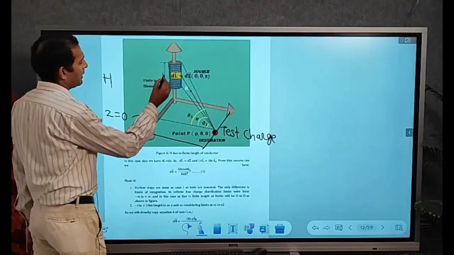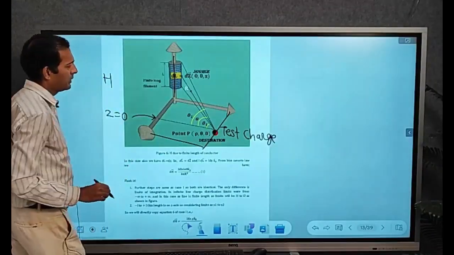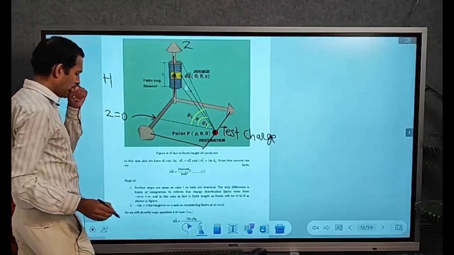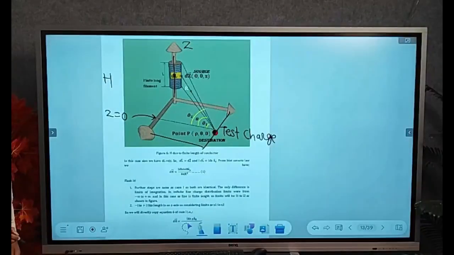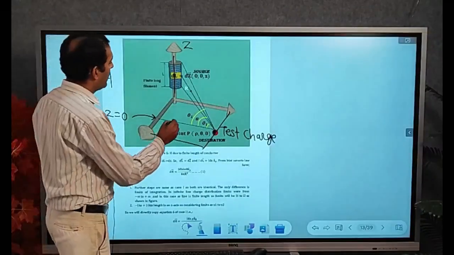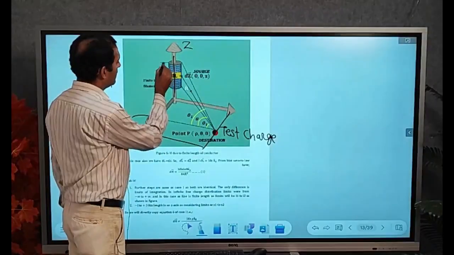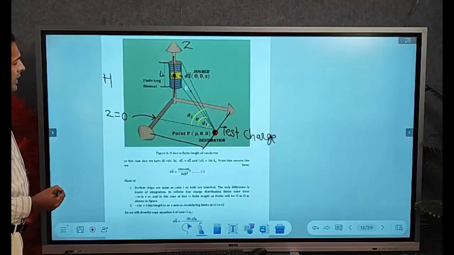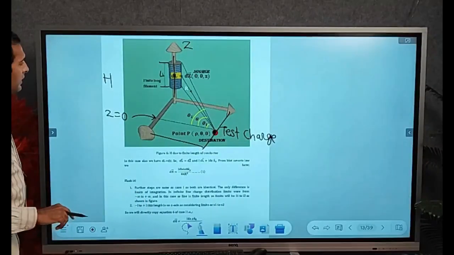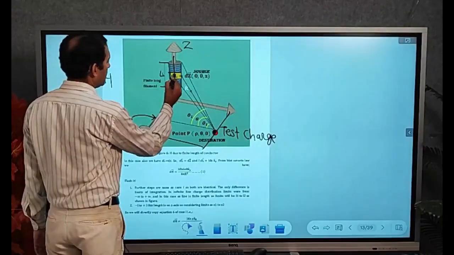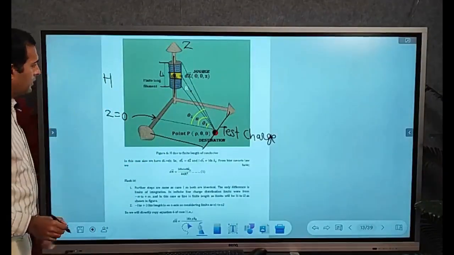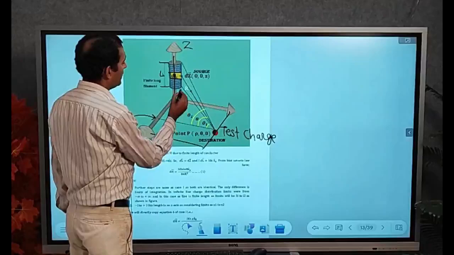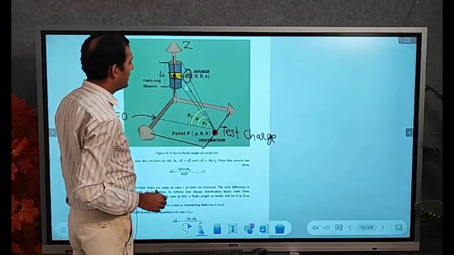Now as we are considering a cylinder, and we are imagining that it is present on the Z axis, on the Z axis we have placed a finite length conductor with length L, and out of that we will consider a small differential length dl. As it is placed on the Z axis, dl we can call as dz.